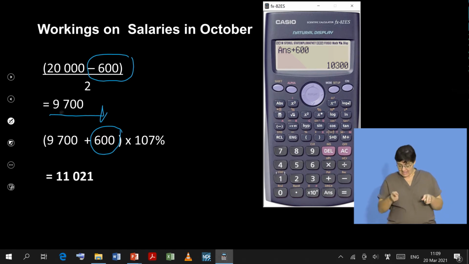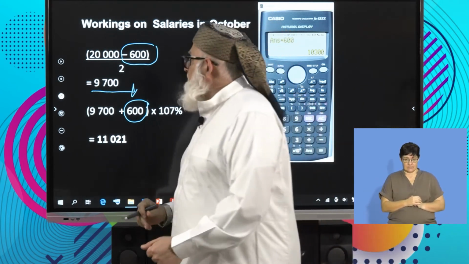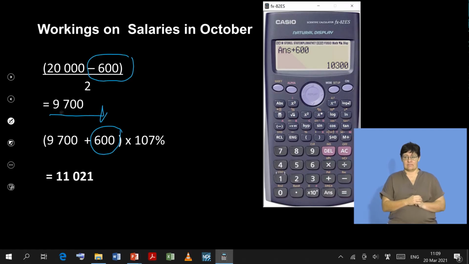Now increase that by 7%. Okay, so we say 10,300 times your 7%, and that will give you a figure of 721. Let's check our calculation again, maybe we left out something.